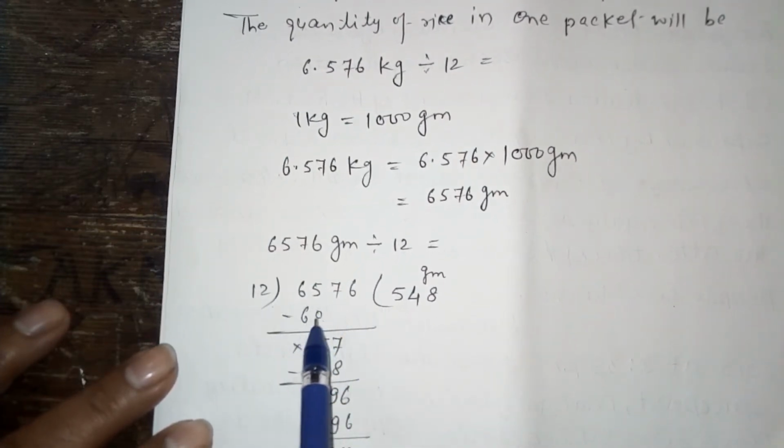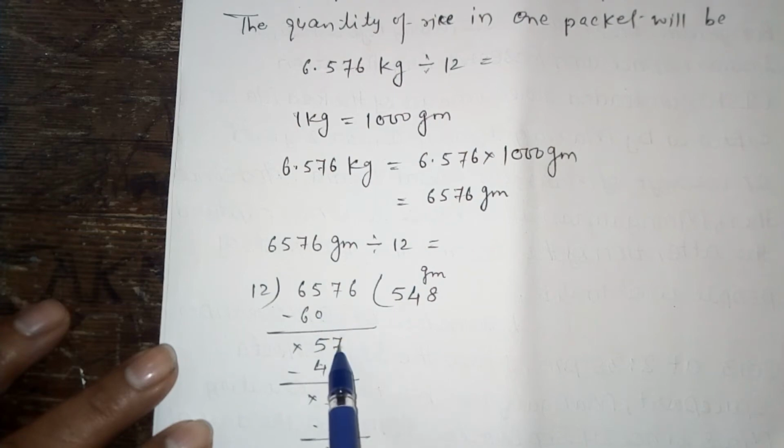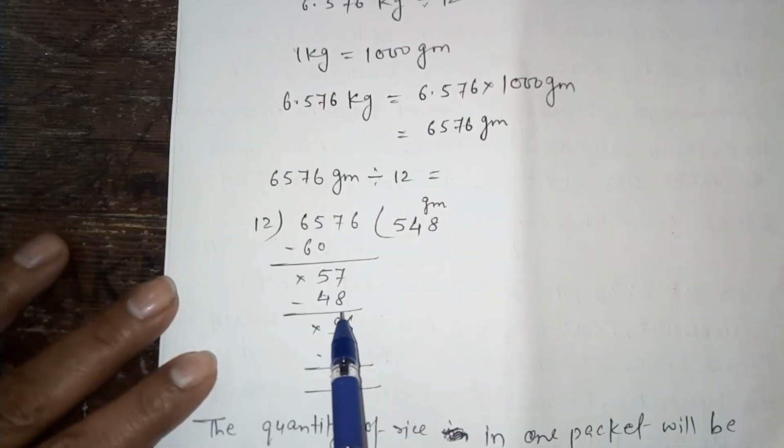12 5s are 60, 5 minus 0 is 5, 6 minus 6 is 0. We note down the next number, which is 7. So 12 4s are 48. After subtraction you will get 9. Then we take the next number, which is 6.